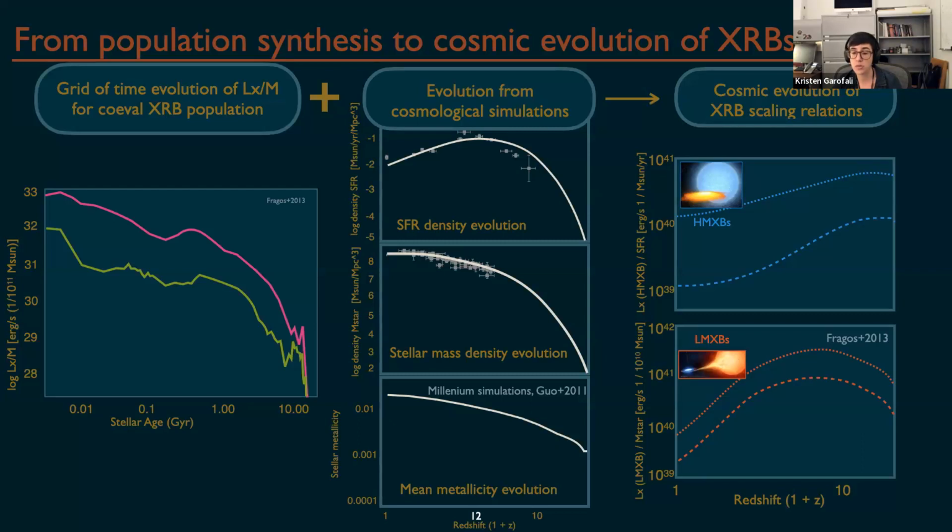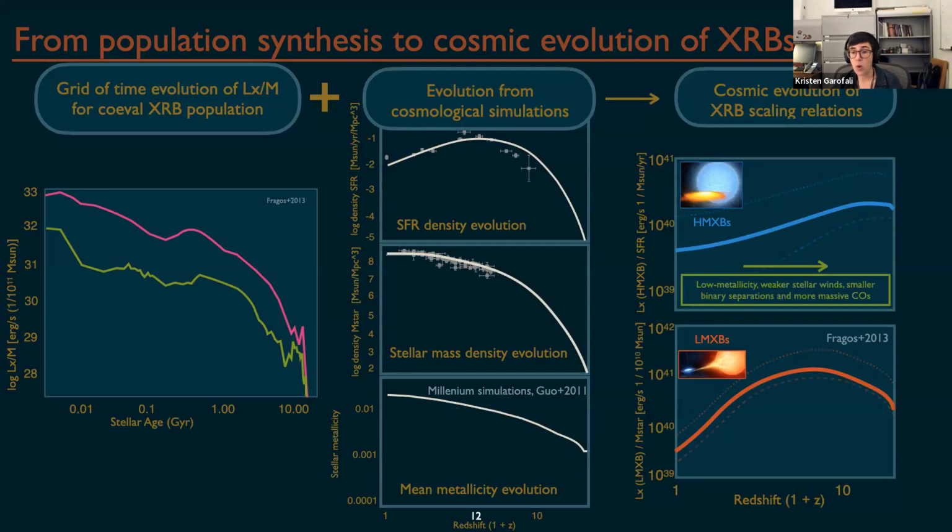So the top panel shows HMXBs and the bottom panel LMXBs for two sort of extreme models where we vary these parameters, like common envelope efficiency, for example. And I'm now going to fade in what I'll describe on the next slide as sort of a best performing model, but just to highlight why these relationships evolve as I've shown here.